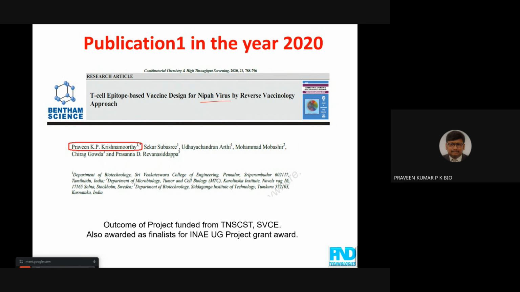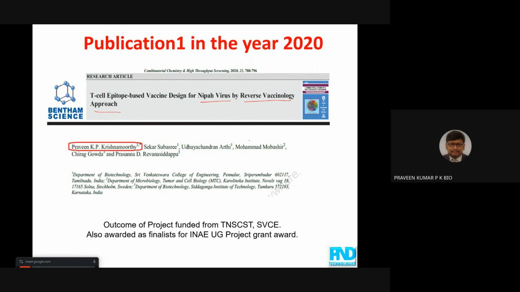They worked majorly on hepatitis B, C, and Zika virus. For most of them they utilized this reverse vaccinology approach. Of course, I told you this approach we can use for vaccine design, peptide based vaccine design.